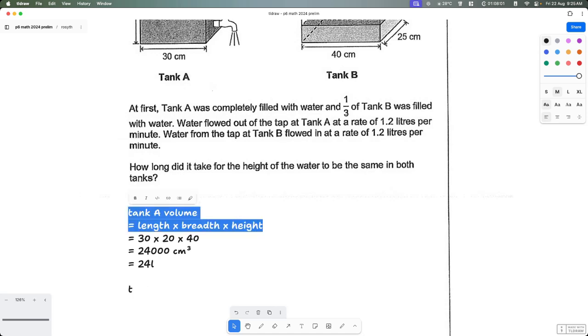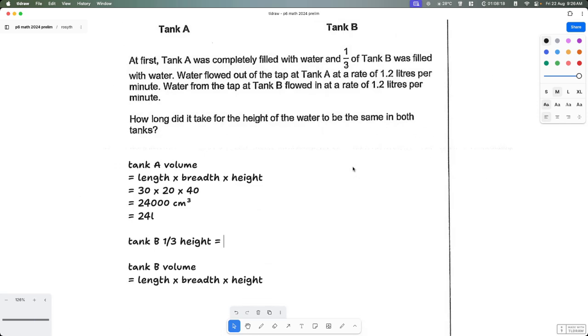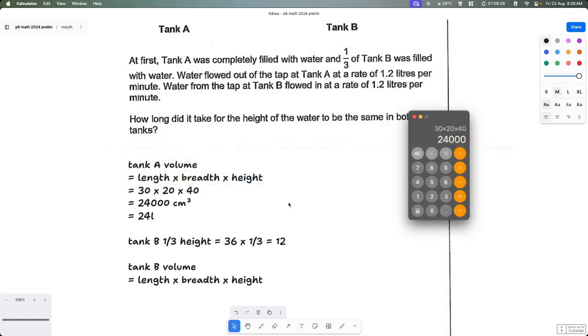Let's do the same for tank B. Tank B volume, but first we need to know tank B height. Tank B is filled 1/3, so 36 times 1/3 should be 12. Double check, 36 divided by 3, 12.